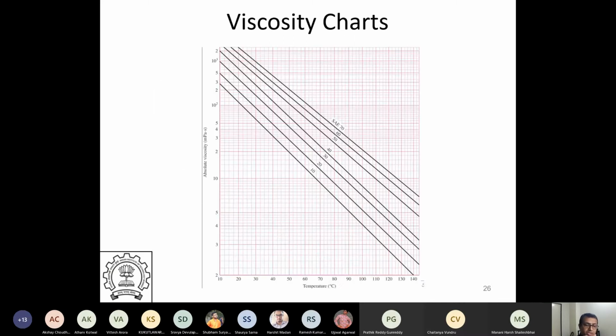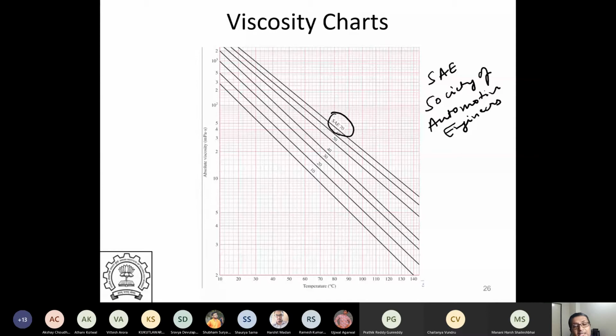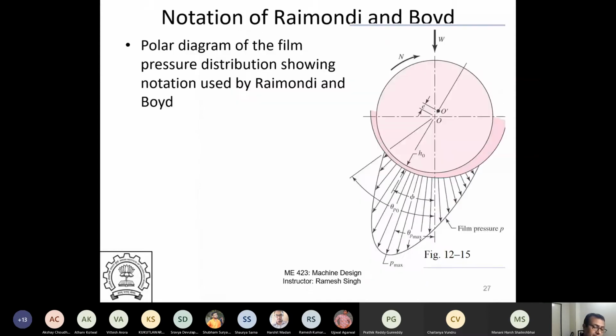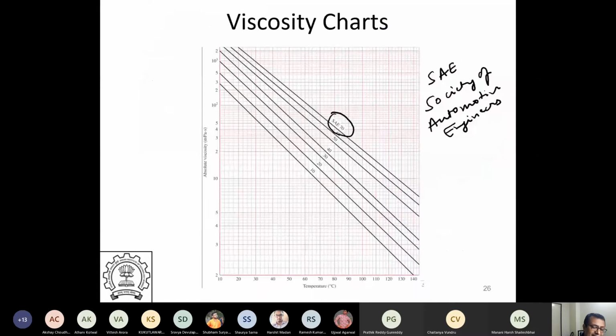Okay. So these are the first charts, the viscosity charts. These are for different lubricants. These are called SAE, Society of Automotive Engineers, because most of these things are used in vehicles, right? So there will be SAE 70. Basically these are grades of SAE. The higher the number, the greater the viscosity.